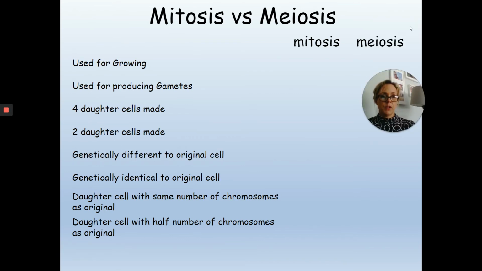Okay, so you can either draw this as a table and tick mitosis or meiosis, or you can write the name next to the statement that describes it. So for each of these, you need to say, is it mitosis or is it meiosis? So pause this presentation while you complete the task and then come back here when you're done.